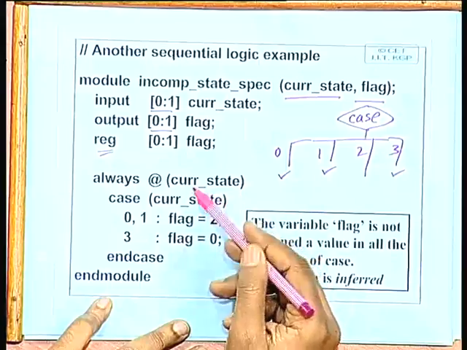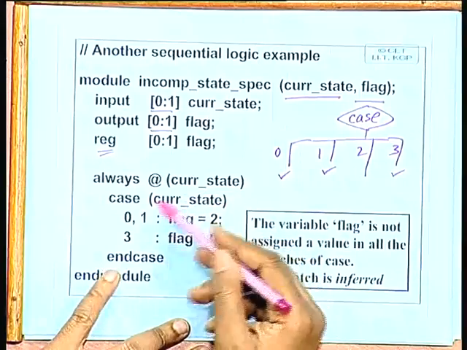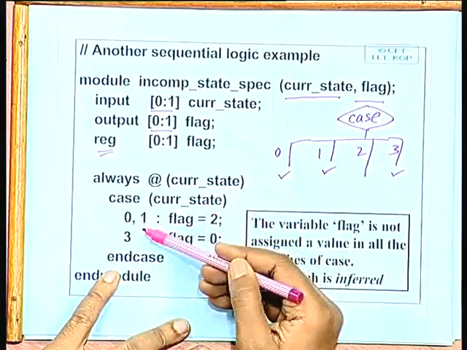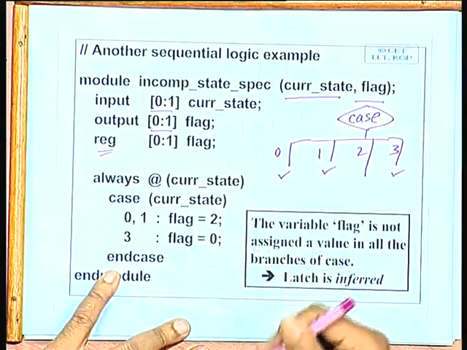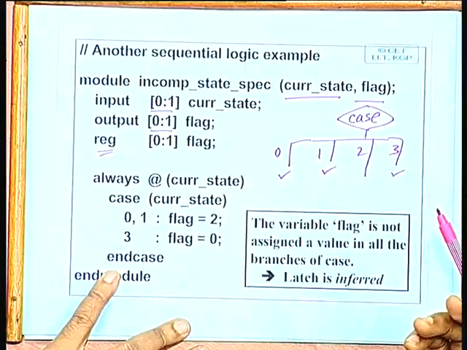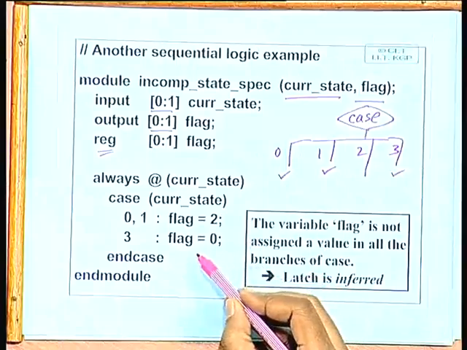So, as per the semantics, if the value is 2, then the last value of flag should be retained, it should not be changed. This implies that flag has to be stored in a flip flop or latch, whatever, a storage element, because there are certain conditions under which you will have to retain the old value of the flag.